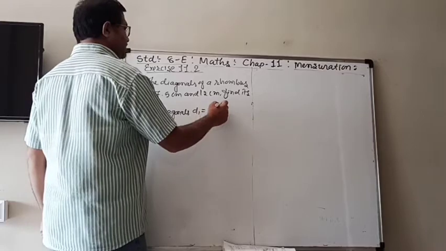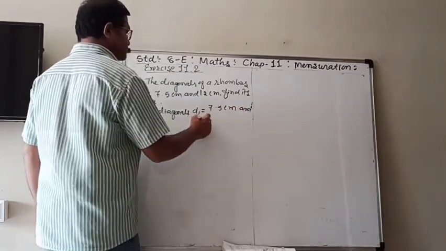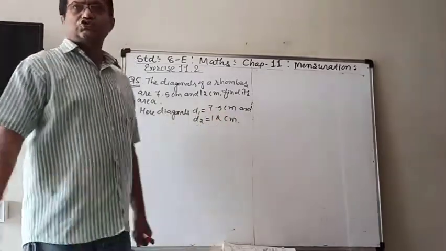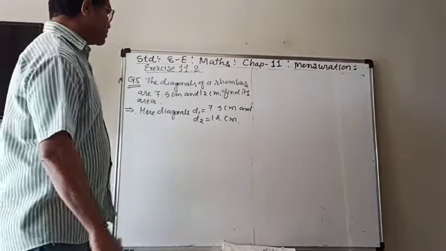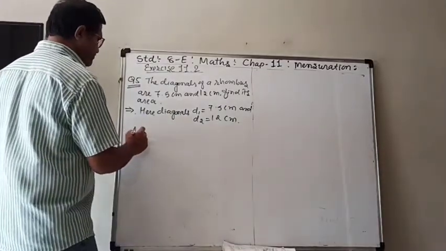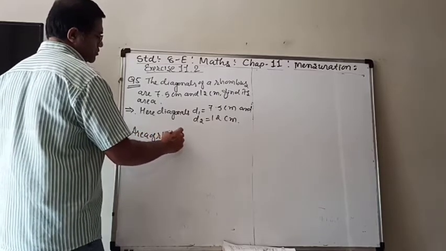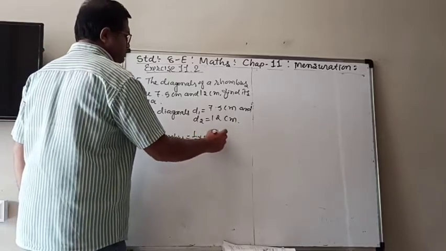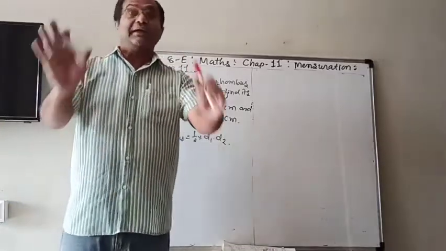D1 is equal to 7.5 centimeter and D2 is equal to 12 centimeter. So now the area of a rhombus is equal to 1 by 2 into d1 into d2, means half of the product of its diagonals.